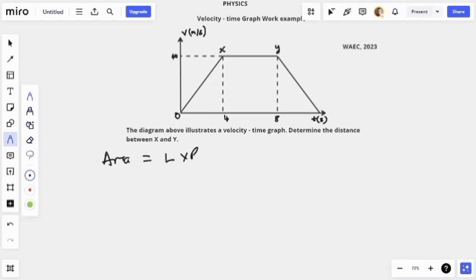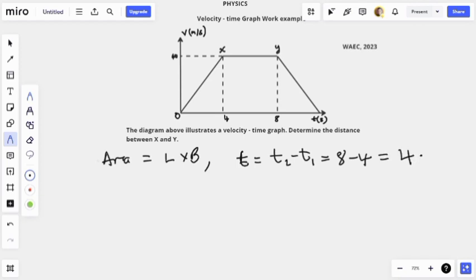Length times breadth. And our length, L, in this case, which is represented by time, T, is equal to T2 minus T1. We know that our T2 is this point 8, minus T1, which is 4, which will give us 4.